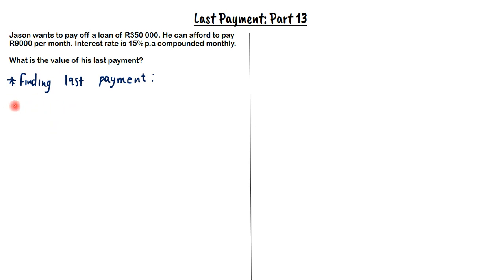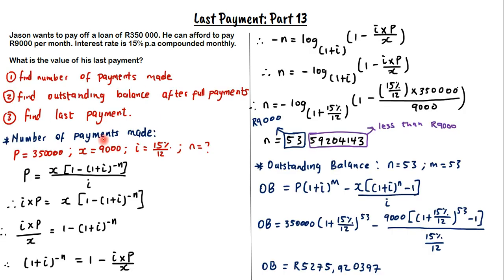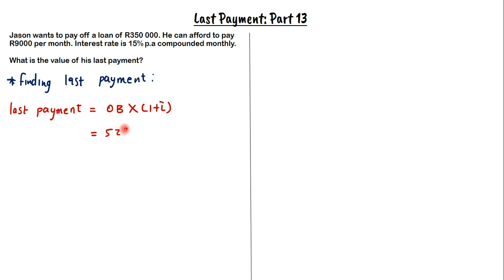Let me just write it like that. Last payment is your outstanding balance multiplied by 1 plus i. Alright, so let's go ahead and look at that. Our outstanding balance, we know, is 5275.920397 multiplied by 1 plus 15% over 12.